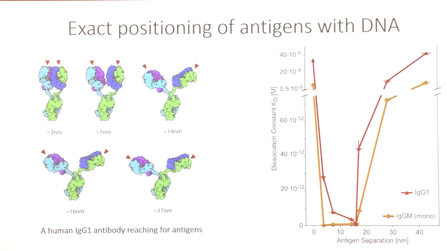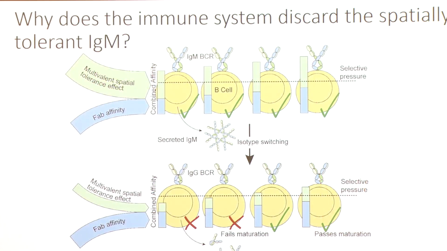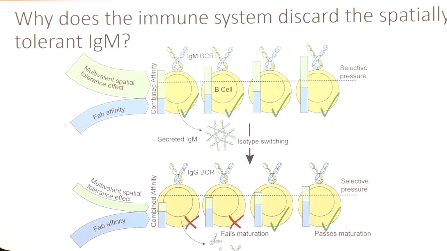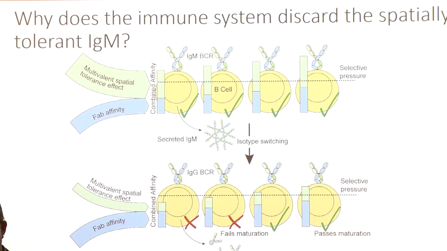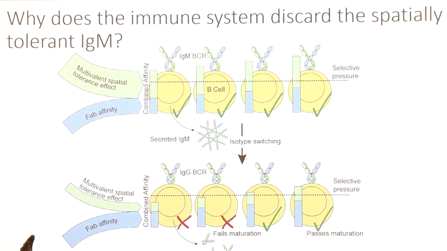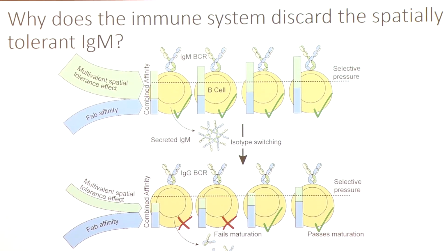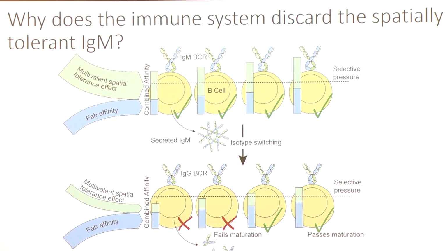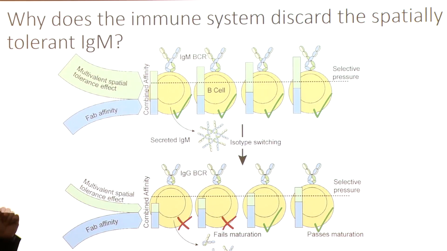So we have been hypothesizing that maybe this is to push the body into selectively trying to select antibodies with higher affinities in their individual arms instead of relying on two arms binding.